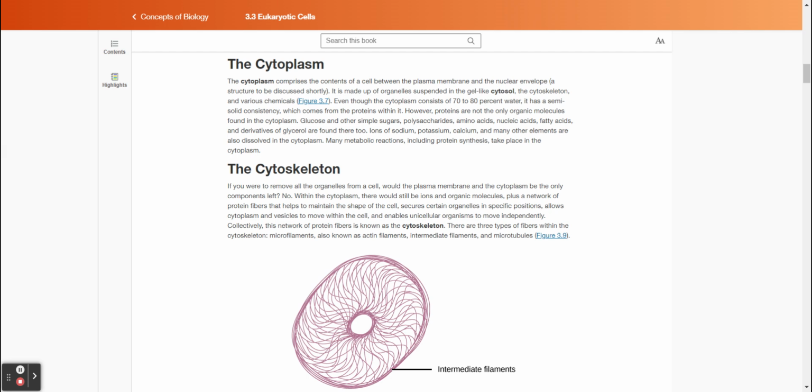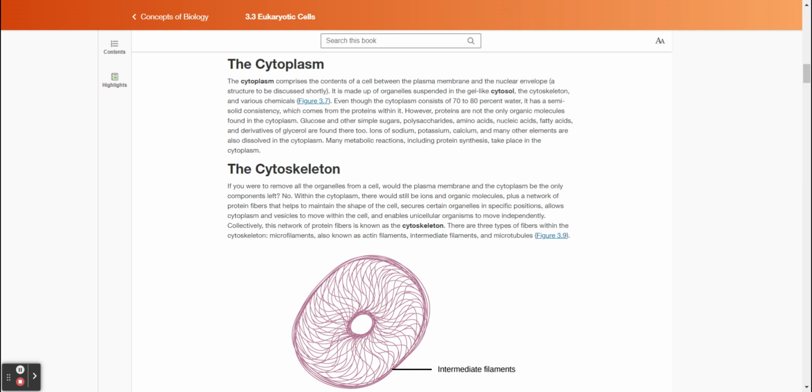The cytoplasm. The cytoplasm comprises the contents of a cell between the plasma membrane and the nuclear envelope, a structure to be discussed shortly. It is made up of organelles suspended in the gel-like cytosol, the cytoskeleton, and various chemicals. Even though the cytoplasm consists of 70 to 80% water, it has a semi-solid consistency, which comes from the proteins within it.